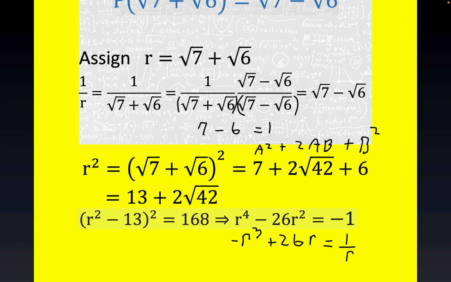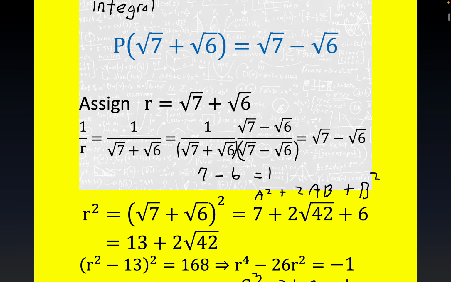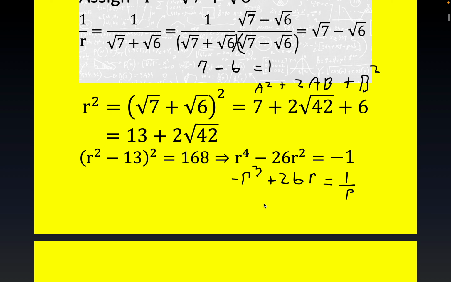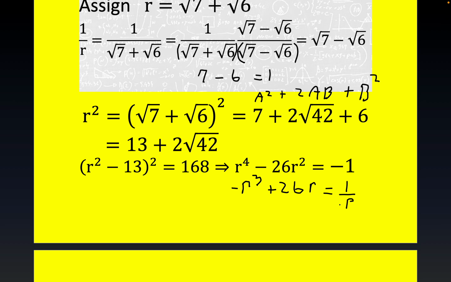And y'all, what did we do? We divided this object by minus r, right? Now r can't be equal to 0, right? So we don't have to worry about that. But again, we divided this expression, which was obtained by our second squaring. All right, and we get minus r cubed plus 26r equals 1 over r. But remember, 1 over r is equal to the square root of 7 minus the square root of 6, which is what we computed at the first.